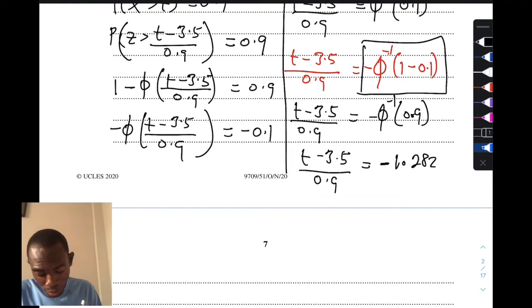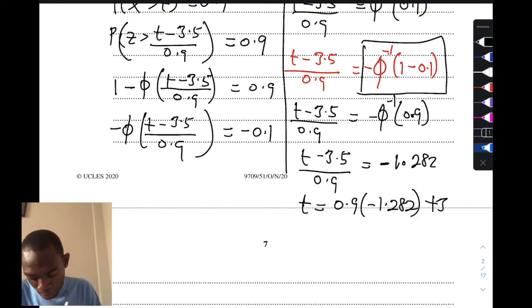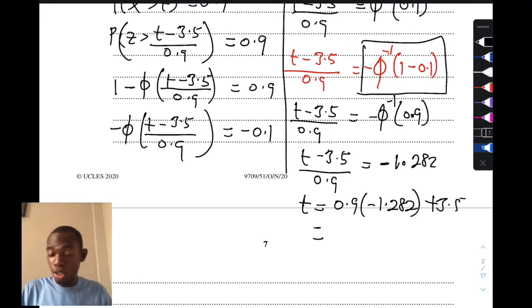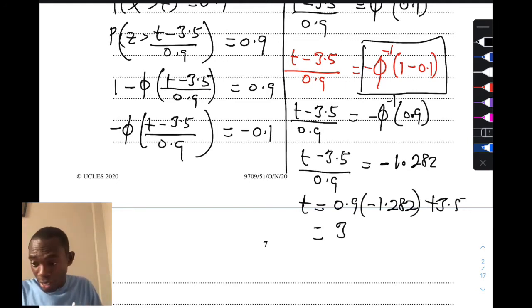So that would mean that I have t is equal to 0.9 times bracket negative 1.282 plus 3.5, and you just put it on a calculator, and that will give you 3.35.